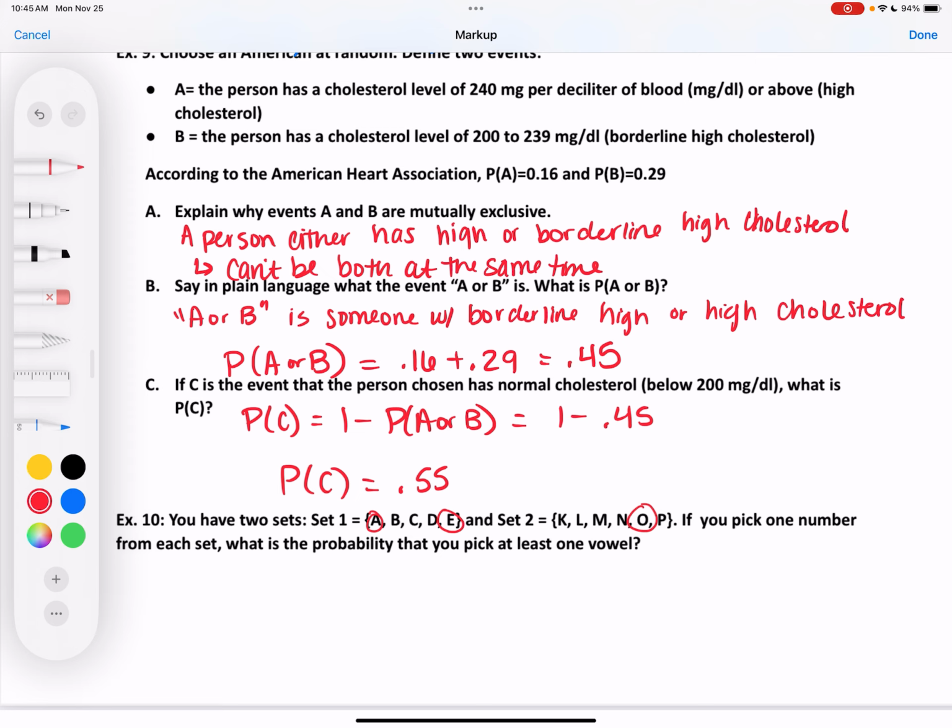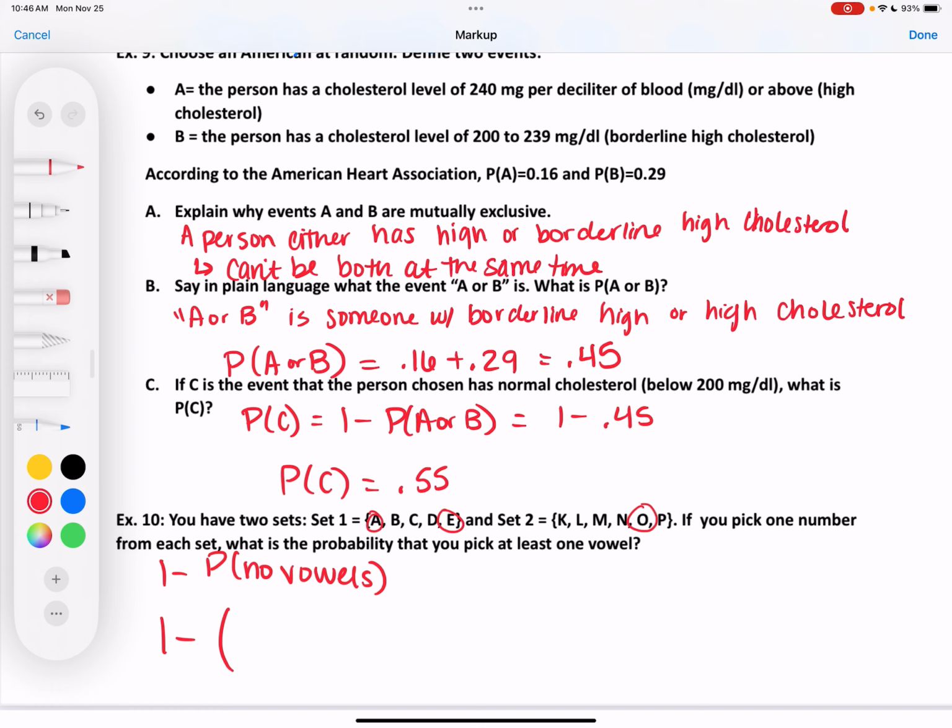So 1 minus the probability of no vowels. So this is going to be 1 minus, and in here I'm going to be multiplying the numbers. So no vowels. So that means I need to know basically how many consonants are in each one. But I'm going to have to write them as fractions and get to a decimal number.